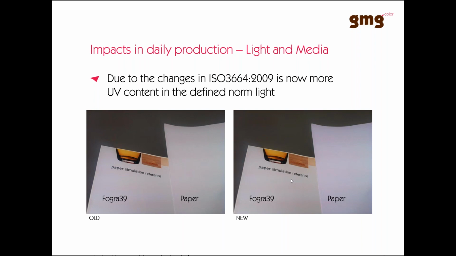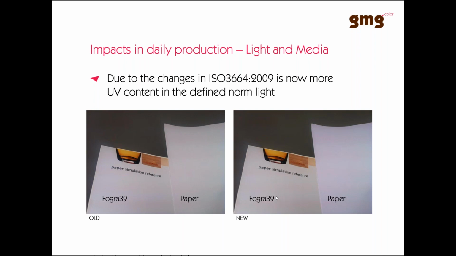Now you see here on the right side the new light bulbs, they have a higher or more defined UV content, and that's then also visible here on the right side of that image. So the proof hasn't changed, the paper hasn't changed, but the light has changed. But if you're not aware of that, and if you just stand in front of a light cabinet and you compare print and proof, you might ask yourself, why is that proof not looking as good as usual?